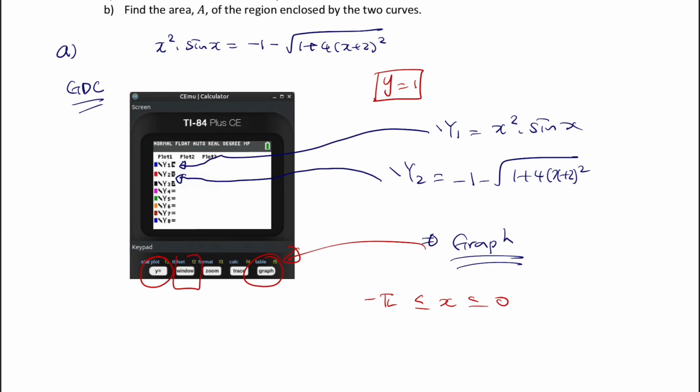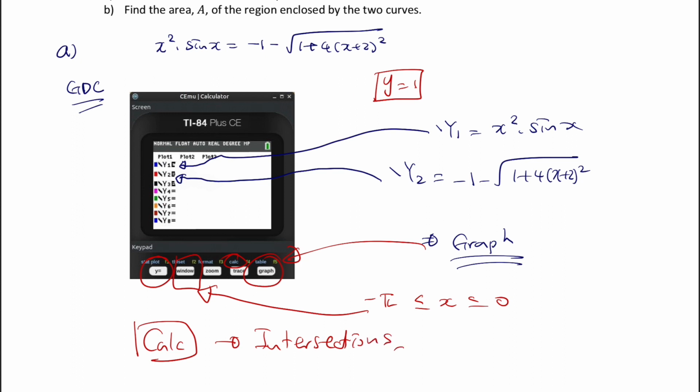Using the window tab, change the range of the x values. Then use the calculate button, calculate your intersections. Okay. Then you will get x values equal to negative 2.76 and negative 1.54. So these are your range for your integration process.